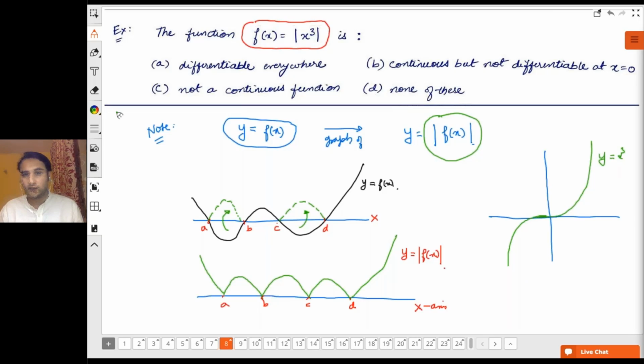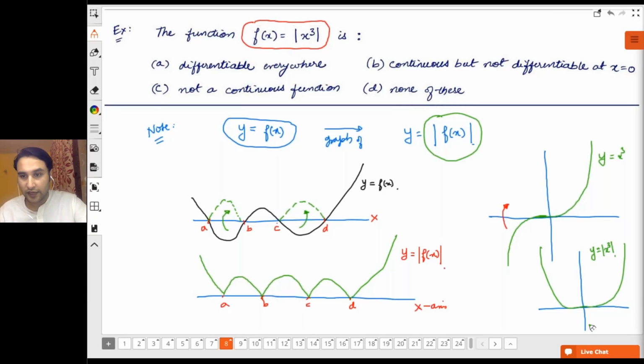So if I plot the graph of mod of x cube, the portion which was negative, which is below the x-axis, will jump up. So the graph of y equal to mod of x cube will look like this: this portion as it is, and this portion which jumps up. This is the graph of y is equal to mod of x cube.